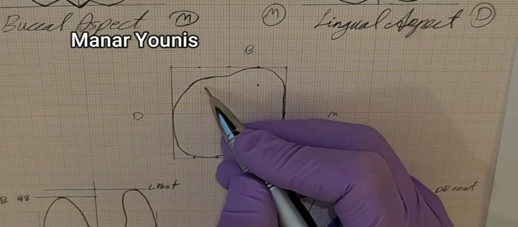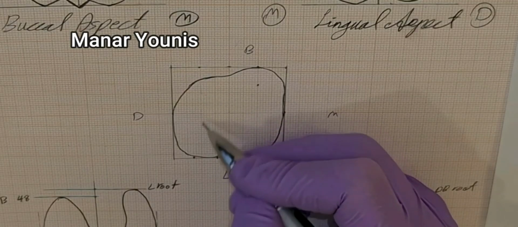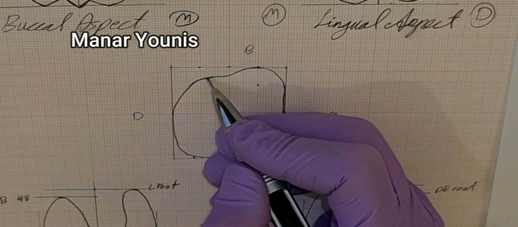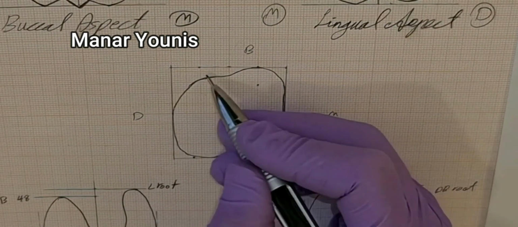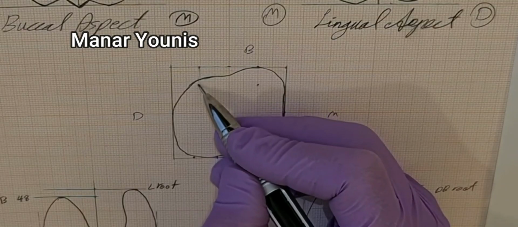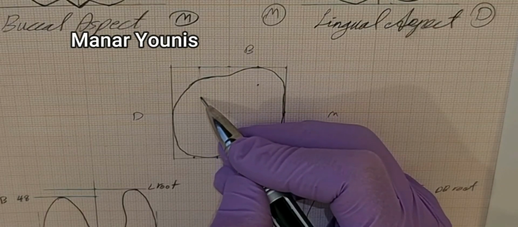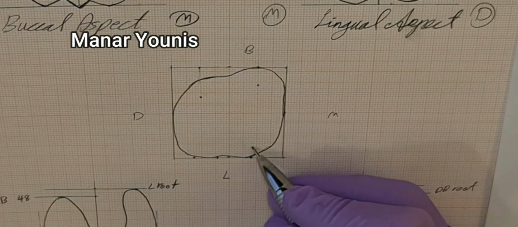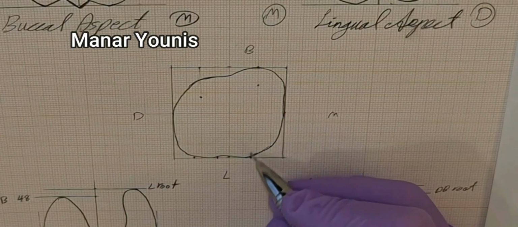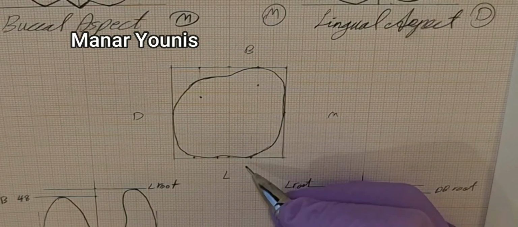Here also I will mark 8 millimeters toward the lingual, but I will start counting 8 from the outline of the crown, not from the box. So from the estimated position, I will go 8 millimeters. For the mesiolingual cusp, I will go about 1/3 of the buccolingual crown dimension.